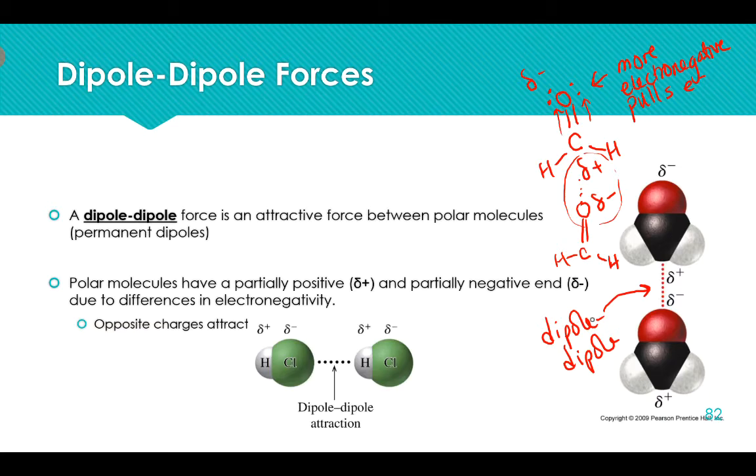That dipole-dipole force is called dipole-dipole because it requires two dipoles. So it's between one dipole and a second dipole. This is also an example of a dipole-dipole force in this dotted line here between hydrochloric acid and another molecule of hydrochloric acid. Both of these have a dipole, and then that is between the two ends.